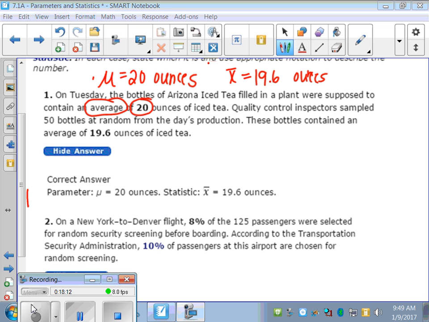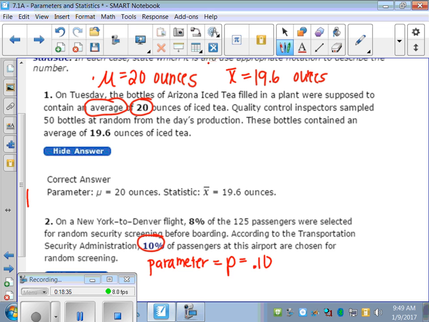All right, you guys, is 10% the parameter or the statistic? Okay, good. 10% is the parameter, right? This is the true percentage of passengers that are supposed to get a random security check. Okay, so the parameter is P, which is equal to 0.10.